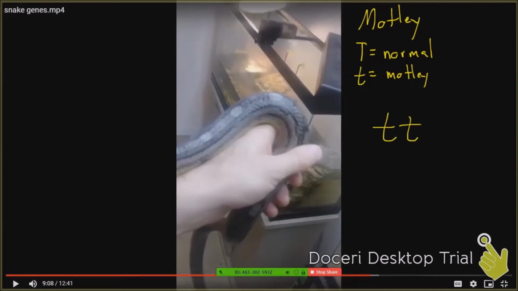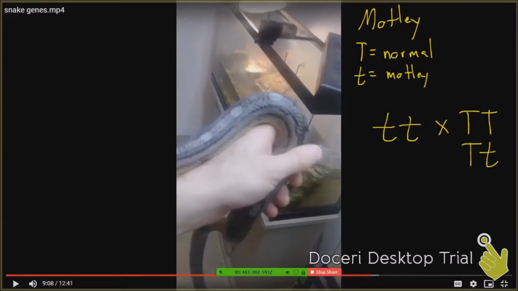Now, if I'm looking at a snake that is not motley, like Tiffany, the one that has the regular pattern, she doesn't have the stripe. She doesn't have the kind of lines going down the side and the circles like that. That's what defines a motley, or the non-checkered belly. So she is either big T, big T, or big T, little t.